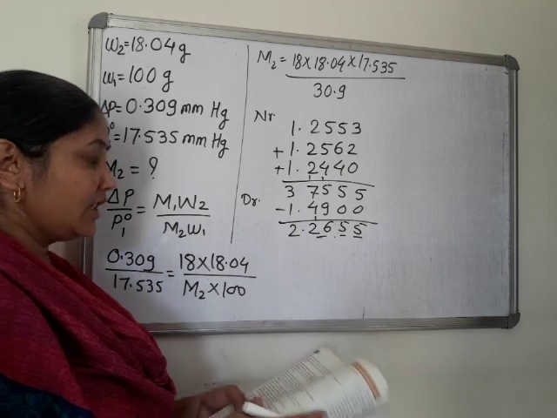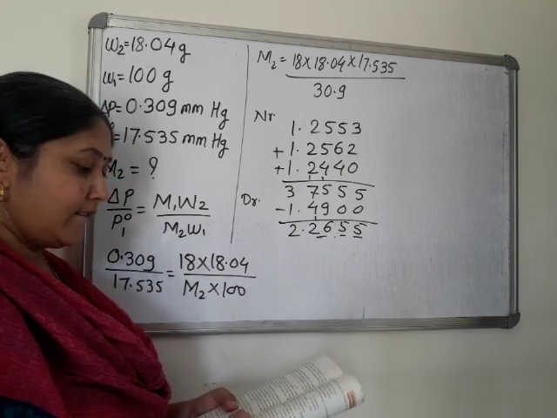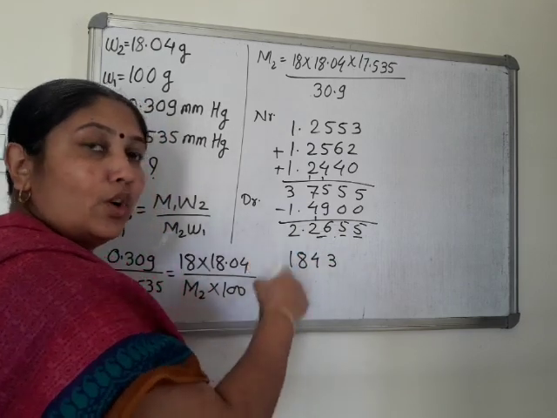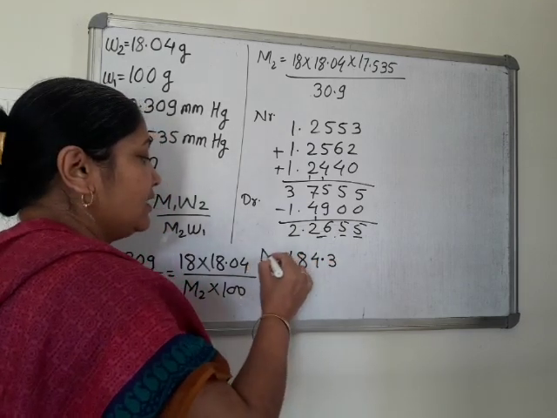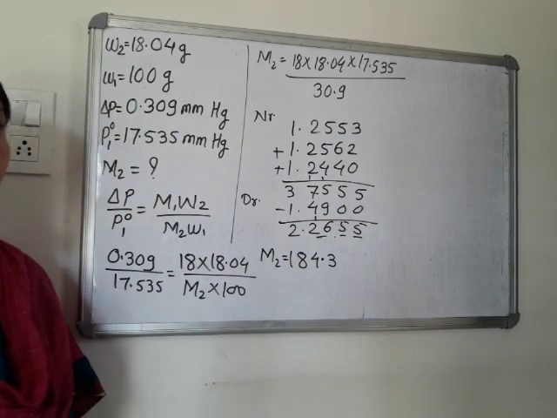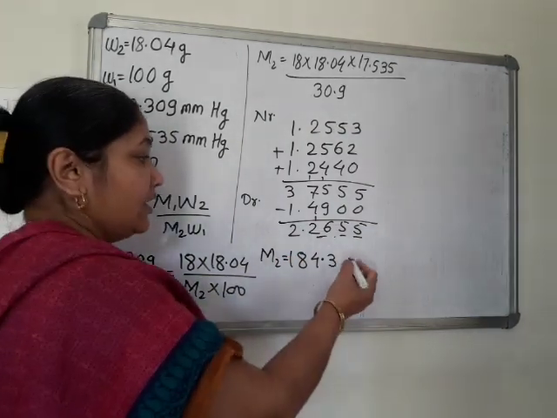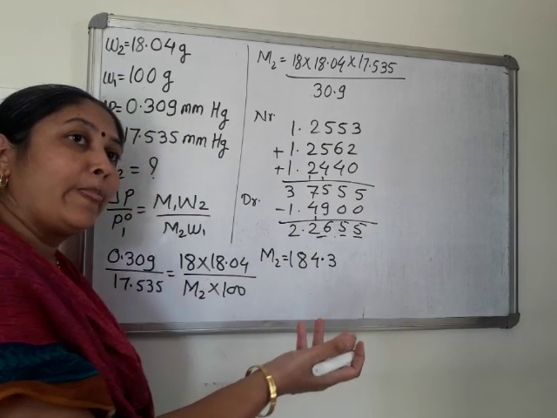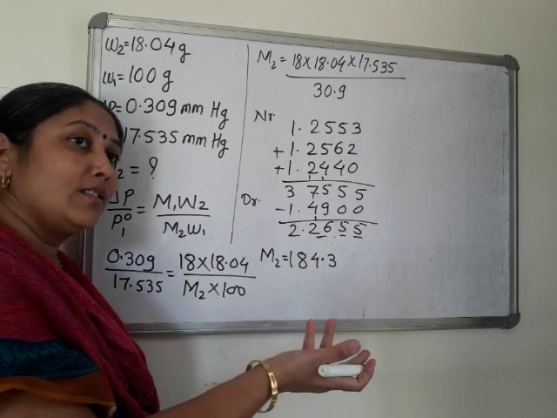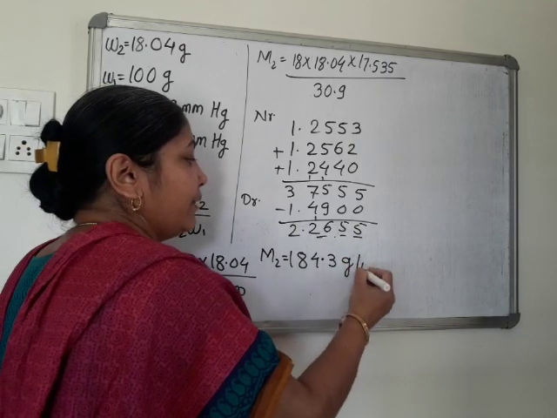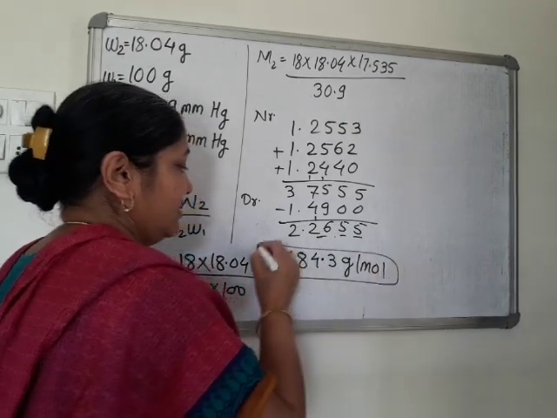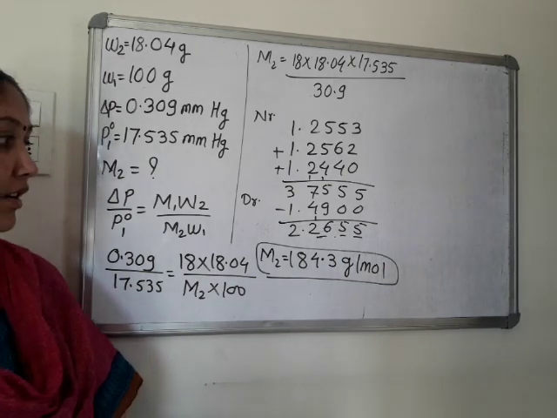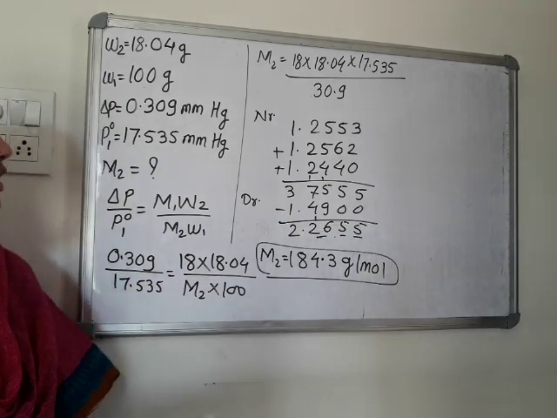What is it? 1843. Yes, characteristic is 2, so we have to give the decimal here. And this is the answer. M2 is 184.3. What will be the unit of molar mass? Yes, gram per mole. This is M2, 184.3 gram per mole.